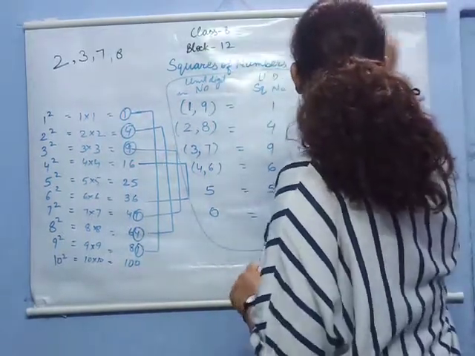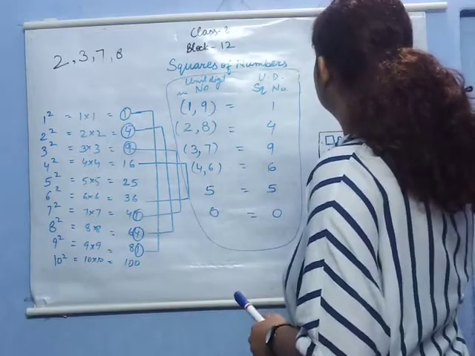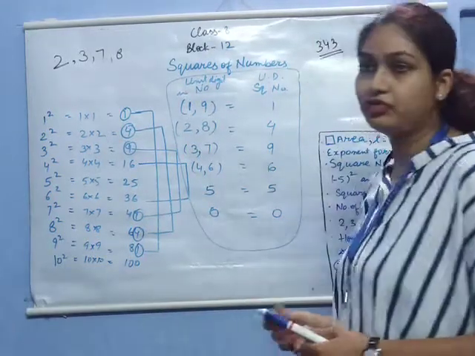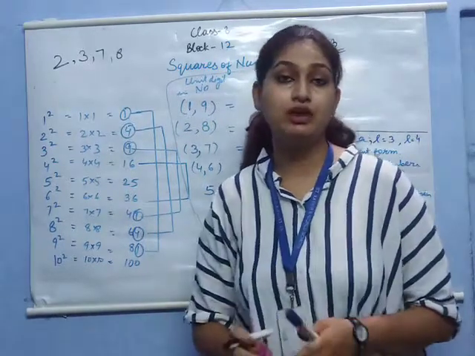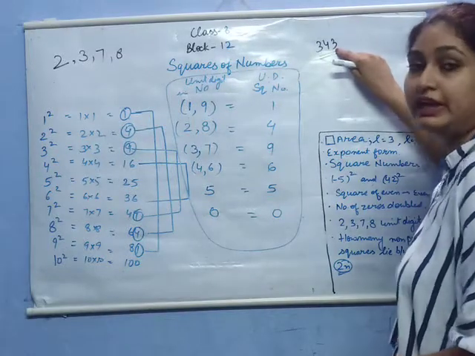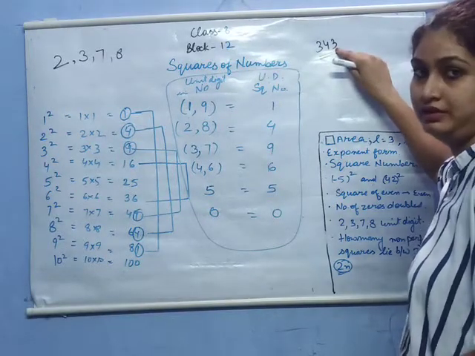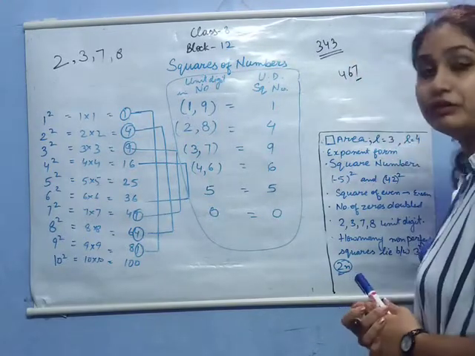Suppose the question will come: is 343 a perfect square? No. Because it's ending with a 3. So it can never be a perfect square. Right? If the number is... can it be a perfect square?